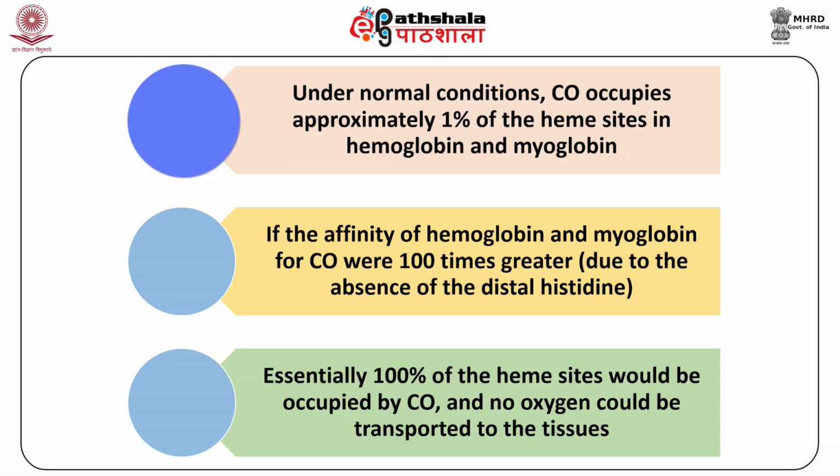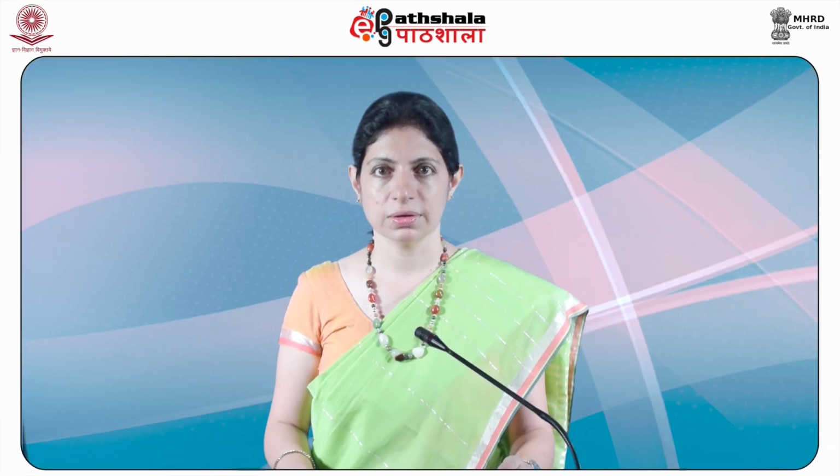Under normal conditions, carbon monoxide occupies approximately 1% of the heme sites in hemoglobin and myoglobin. If the affinity of hemoglobin and myoglobin for carbon monoxide were 100 times greater due to the absence of the distal histidine, essentially 100% of the heme sites would be occupied by CO and no oxygen could be transported to the tissues.